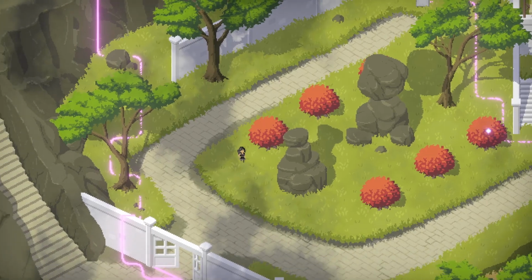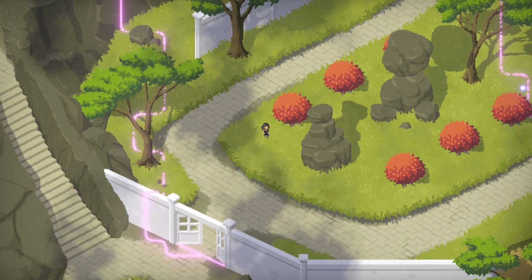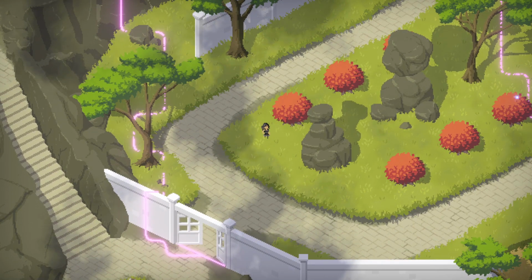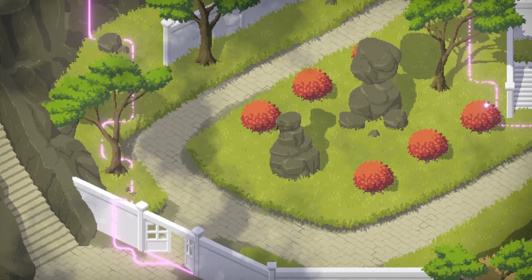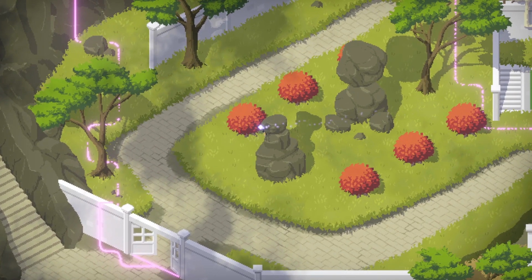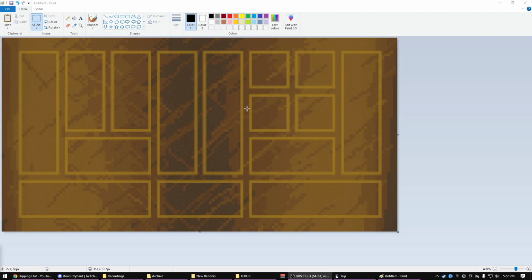Okay, so this is the middle. The paths are the trees. Okay. We're gonna have to switch to display capture for this part.